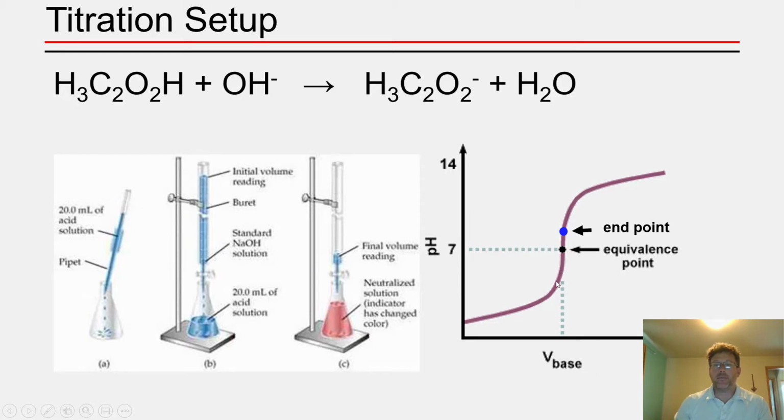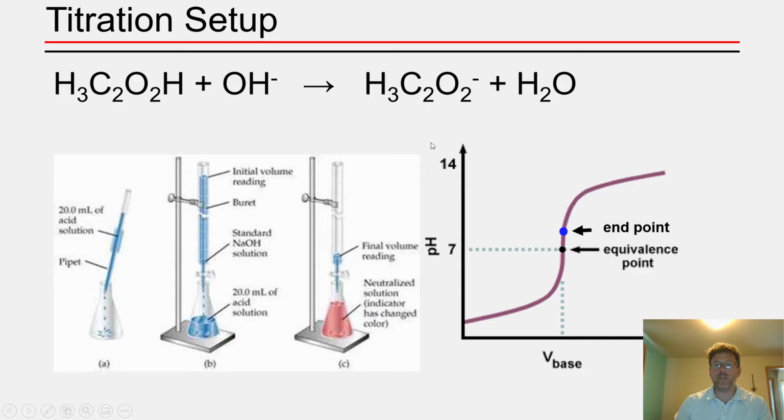And so for a typical strong acid, strong base titration, you would see a sigmoid curve like this, where ideally in the middle of this steep rise section right here, you would have the equivalence point in the exact middle. Just a little bit past that, a very, very small volume of titrant added past that would be the endpoint, and that's what we can actually measure in the experiment.